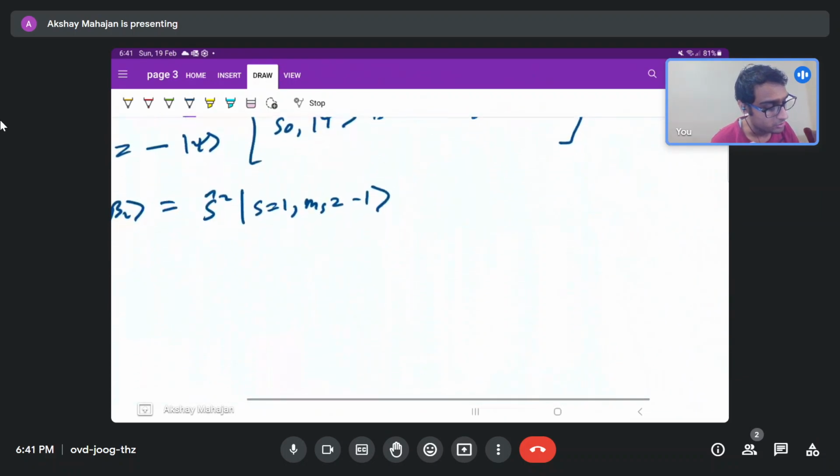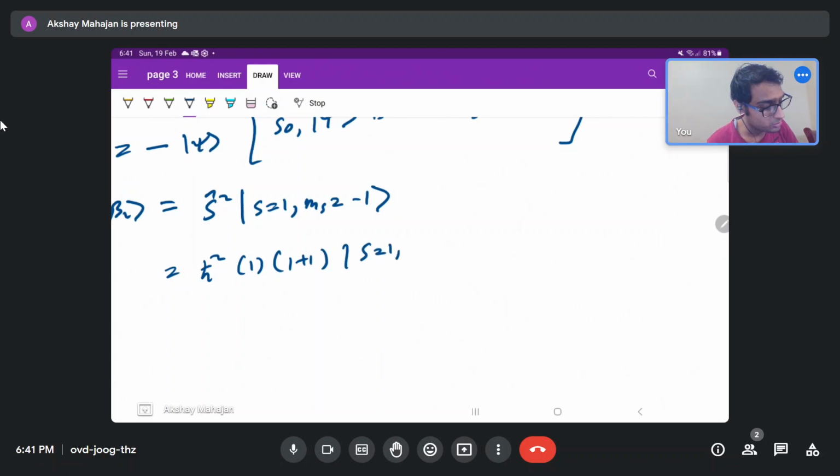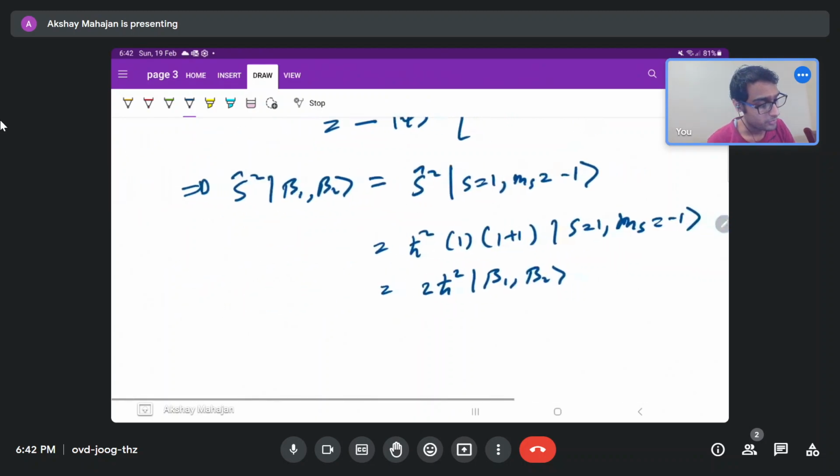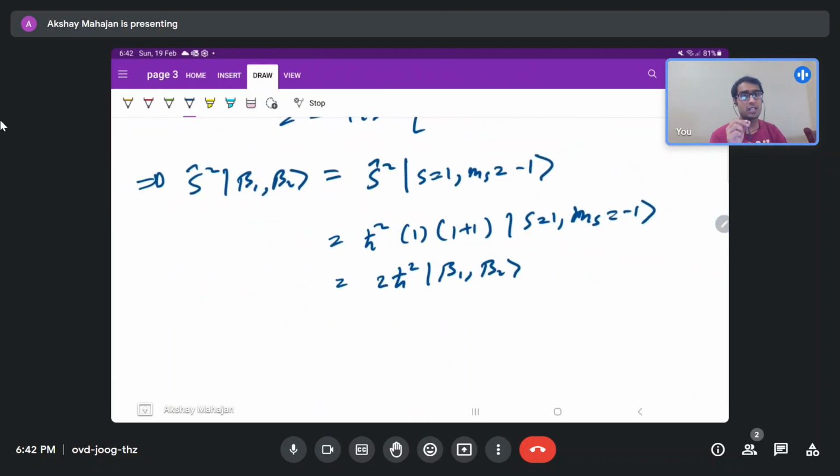Then we know that it is just equal to h cross squared times S(S plus 1), with S equals 1 and M equals minus 1. That is here equal to 2h cross squared times beta 1 beta 2. That is just how to solve this. Similarly you can have S_z acting on beta 1 beta 2.